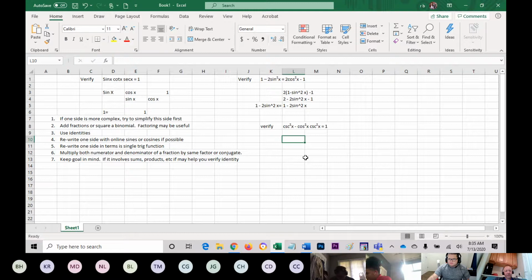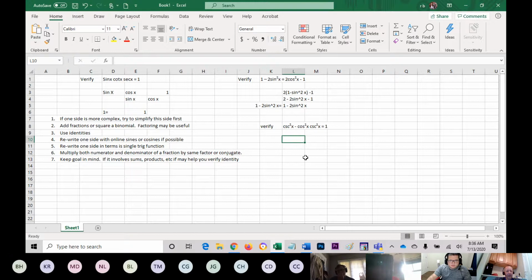So cosecant. Let's see, cosine squared. Would the cosine squared be equal to the sine squared of x? Not exactly.